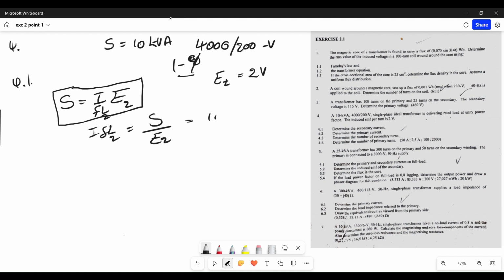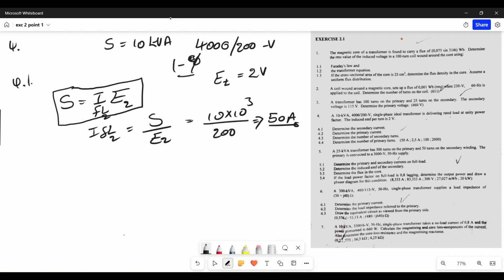S is equal to 10 times 10 to the power of 3, divided by 200. That gives us 50 amperes.